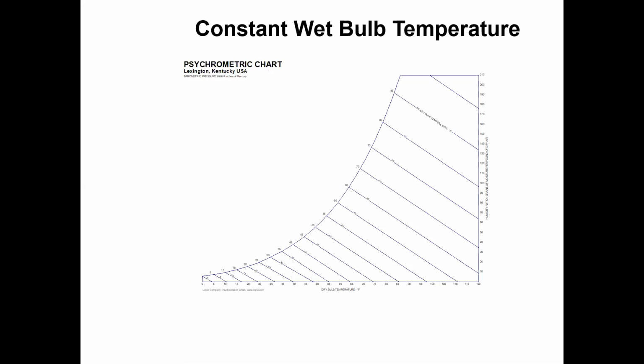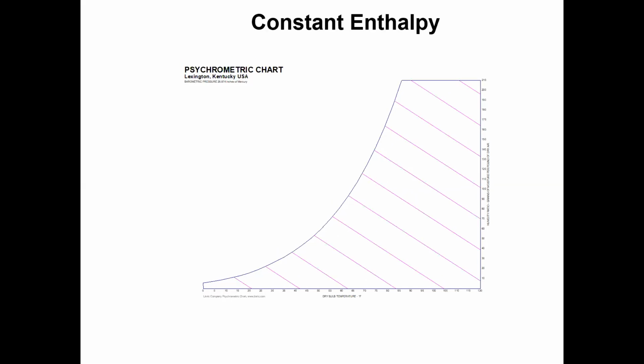These lines are constant wet bulb temperature lines: 0, 5, 10, 15, in Fahrenheit. Different charts have different values, but the lines are similar.